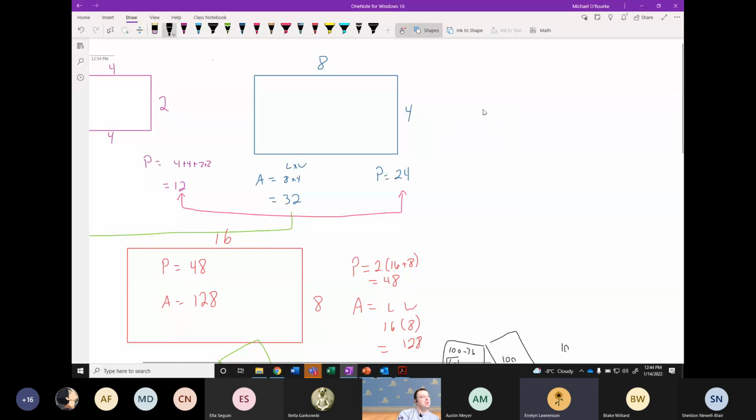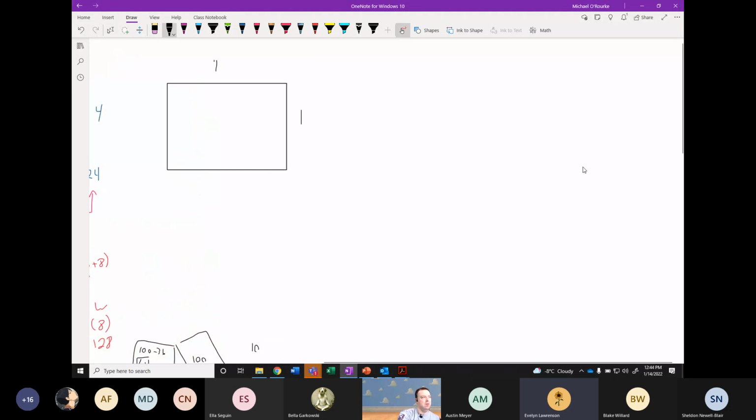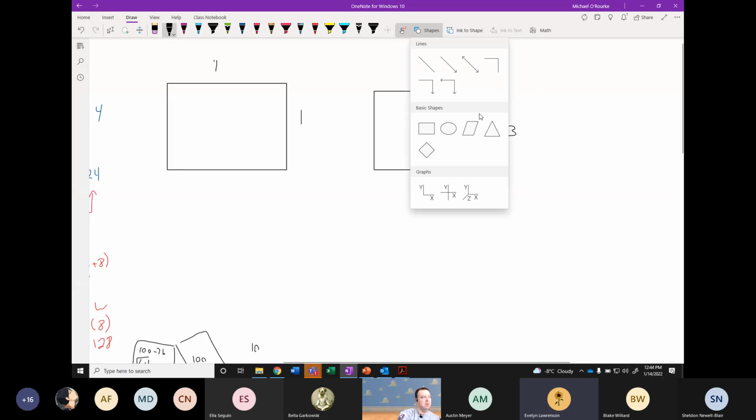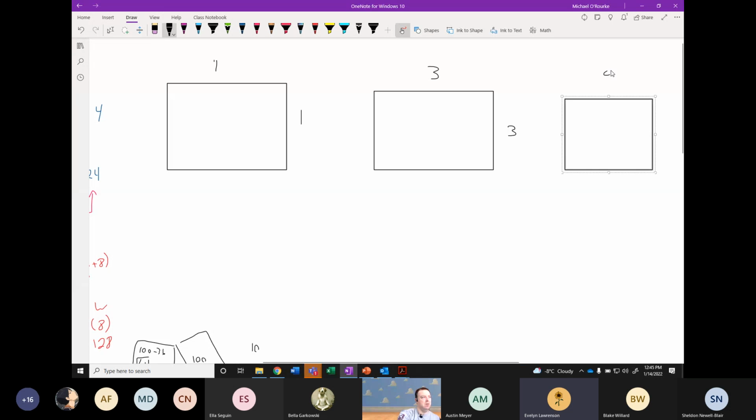If we triple the original one, let's do a 1 by 1 box. We'll do 3 sets of boxes here. So 1 by 1, if we triple it, it's going to be 3 by 3. And then if we triple that one again, it's going to be a 9 by 9.